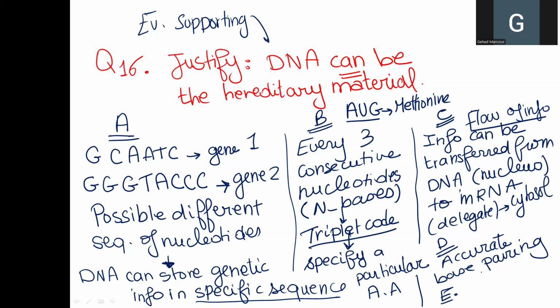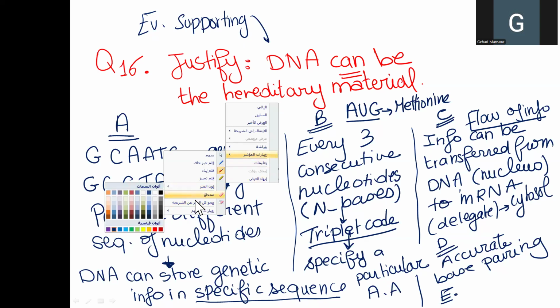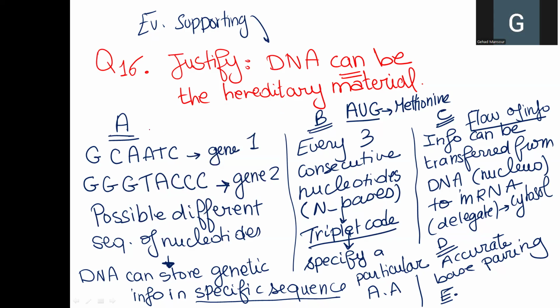And now we move on to question number 17. These are a bit more complicated questions concerning the wording of the question, but the answers are so simple and the content of the answer is very easy.